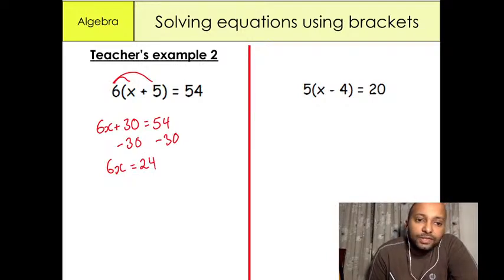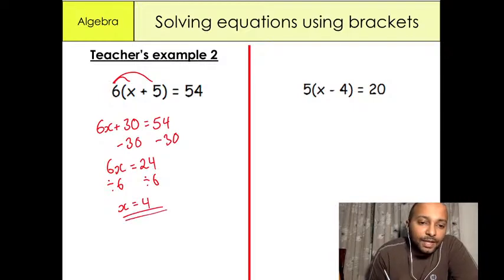Now, what do you multiply 6 by to give us 24? Or you can divide both sides by 6. What we have is x is equal to 4. Right, again, to make sure this is the correct answer, we're going to put this back into the equation.